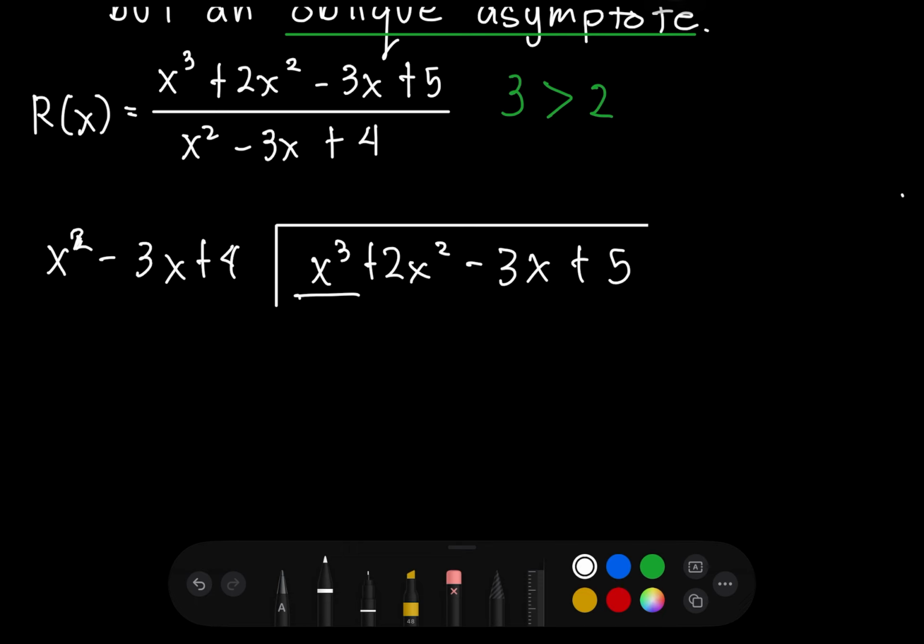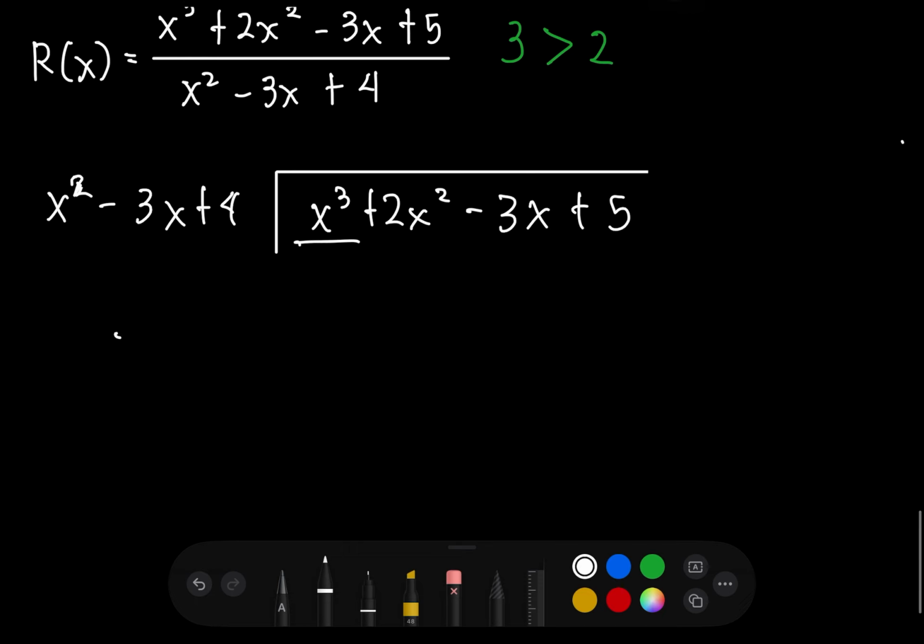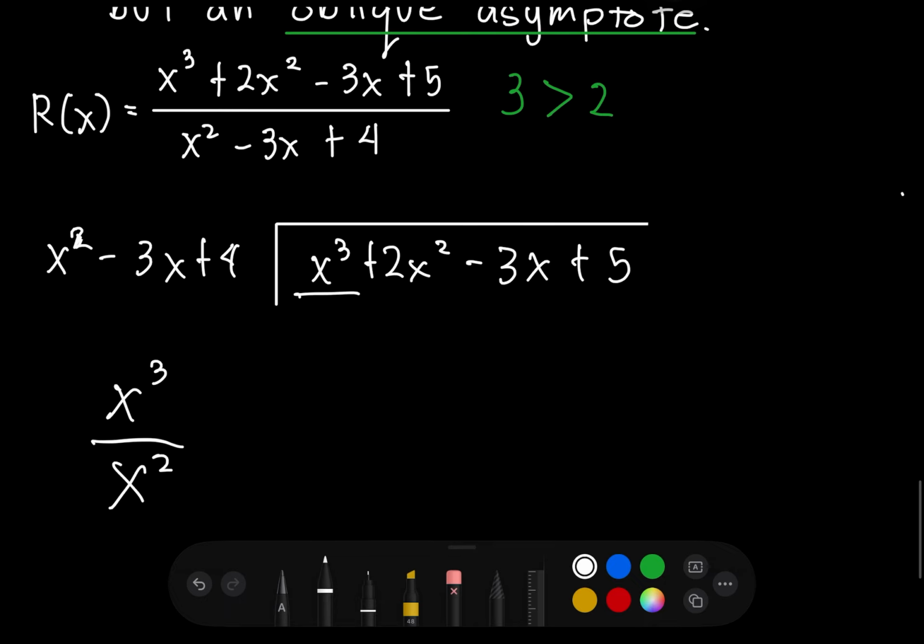Okay, what is x cubed divided by x squared? Since x cubed over x squared yan, we just need to subtract the exponents, which is 3 minus 2, which will give us x raised to 1, or simply x.